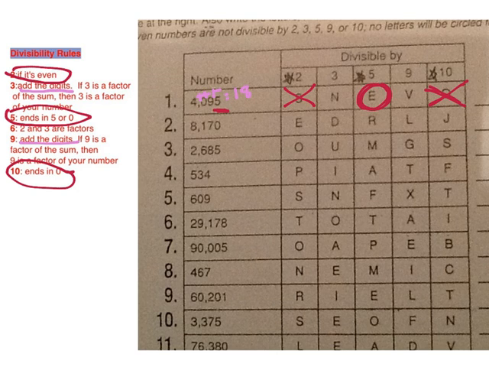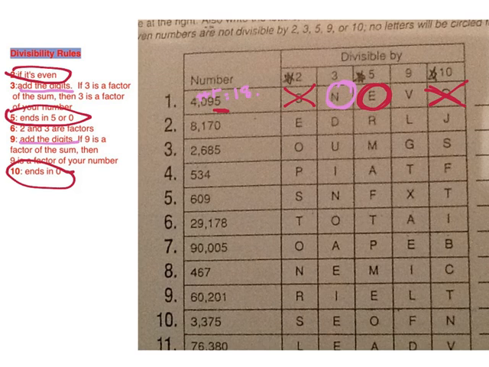To check if 3 is a factor of 4,095, or 4,095 is divisible by 3, we look, can 3 go into 18? Is 3 a factor of 18? Well, 3, 6, 9, 12, 15, 18. Yes, it is. So therefore, if 3 goes into that 18, 3 goes into 4,095.